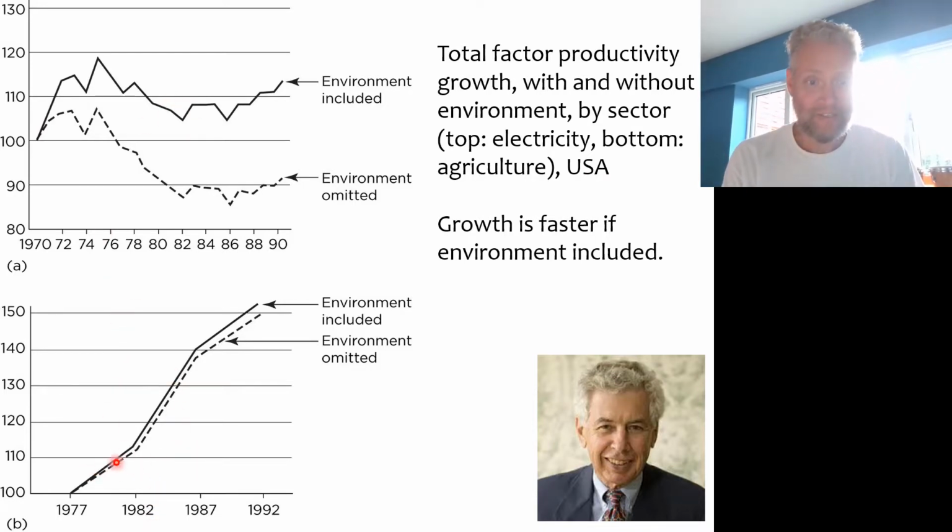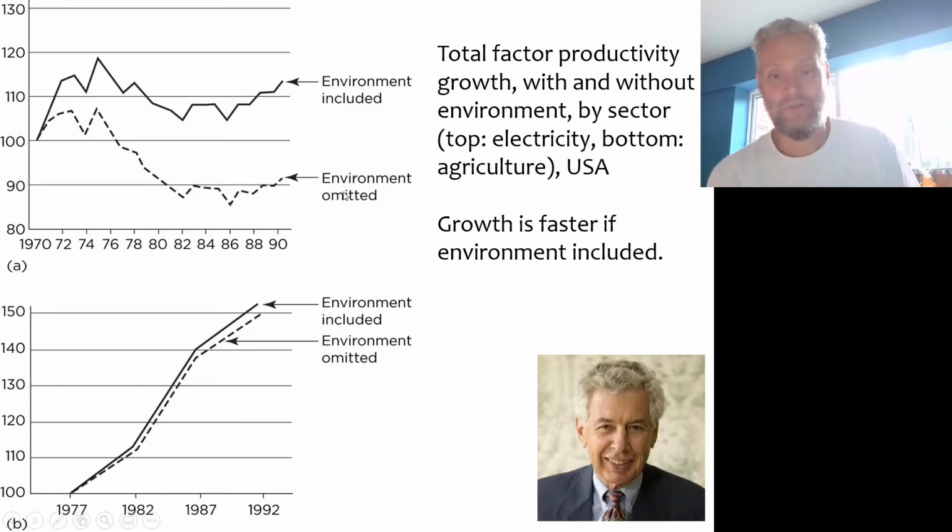And for agriculture, what you see is indeed that the theoretical derivation holds. If you omit the environment, as people tend to do, then you seem to grow less fast than you really do. That is because the environment doesn't expand that rapidly, but the effect is not that big.